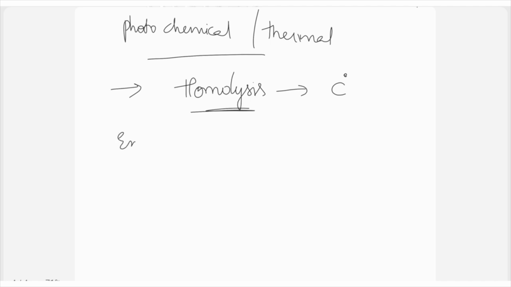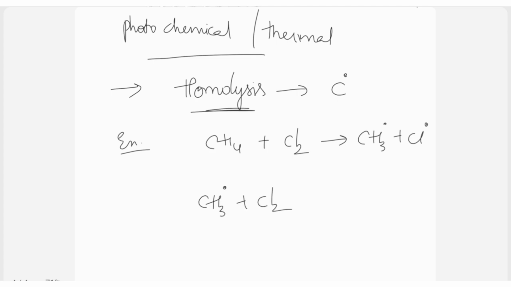Let us see one example. You can consider methane with chlorine. Generally the free radical formation takes place in three different steps: chain initiation, propagation and termination, where you can see the formation of the methyl radical and chlorine radical, and then the methyl radical again combines with chlorine, and the chlorine radical again combines with methane.